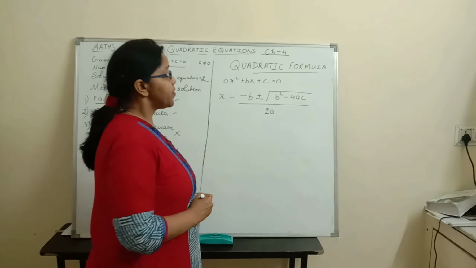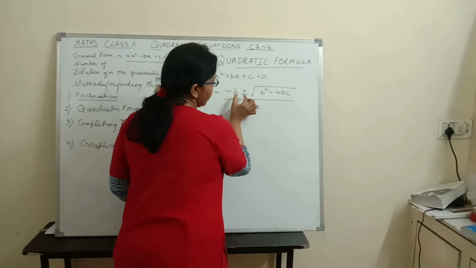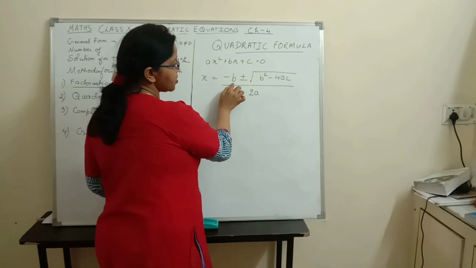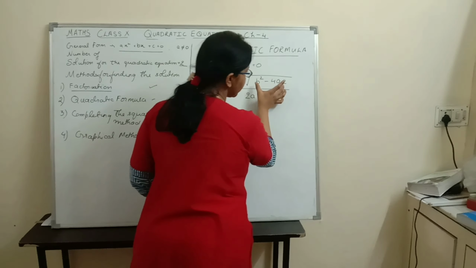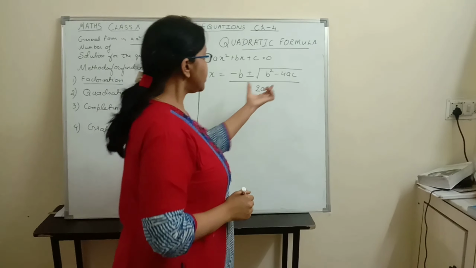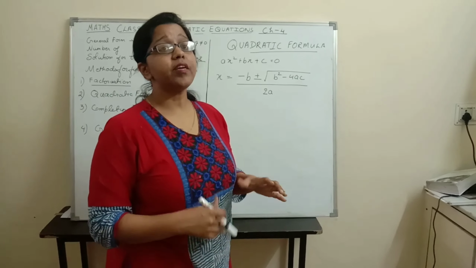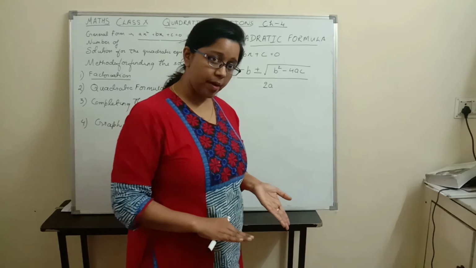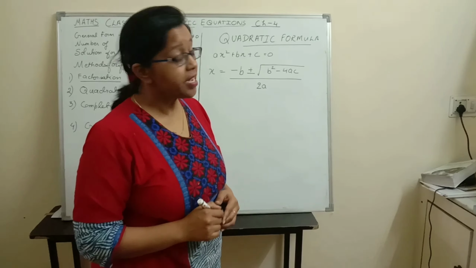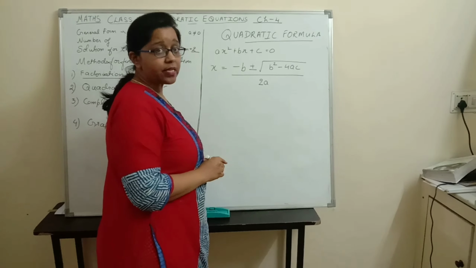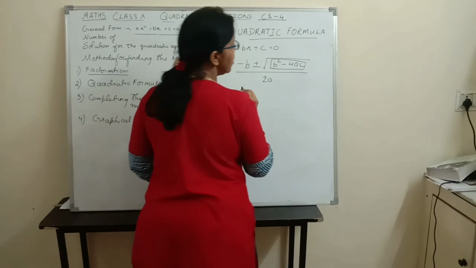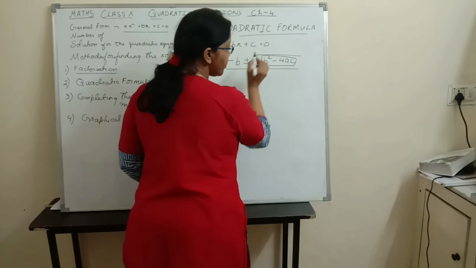So we had studied how to use the quadratic formula to find the solution for the quadratic equation. Now we will study that this side of the quadratic formula contains minus b, but on this side we have this value which is in the root. It means this value can be equal to 0 or any other number, positive numbers, or it can also be a negative number. It means the value of x depends on this value, which is inside the root.